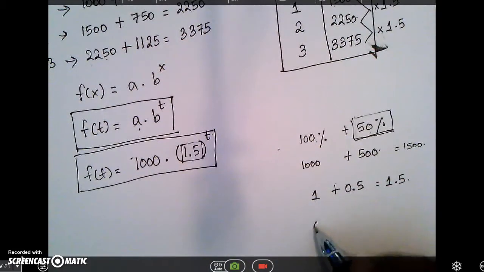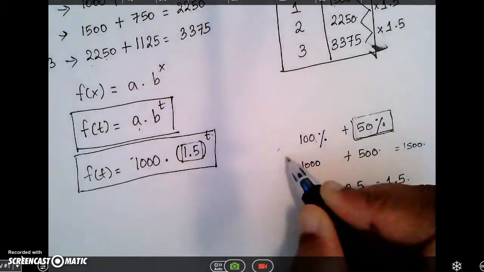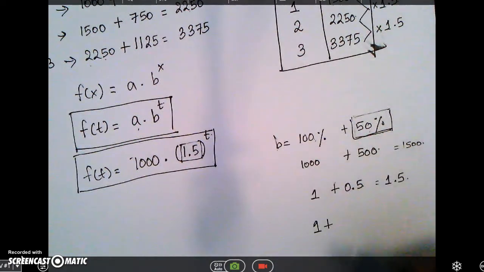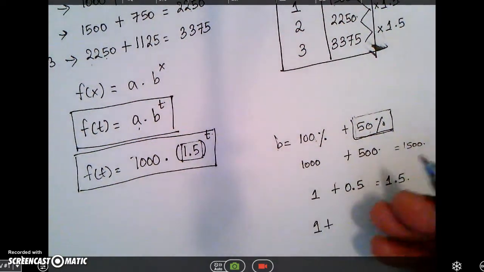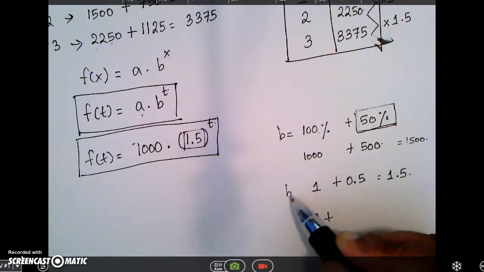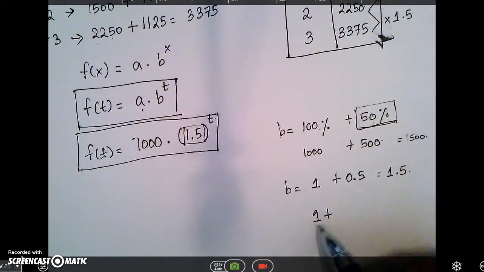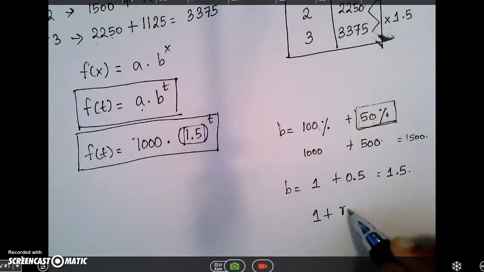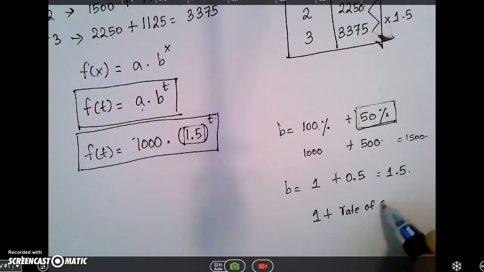They are telling me that's my growth rate, right? So this is my b. b is 100% plus 50% because it's a growth. So b is 1 plus 0.5, or 1 plus the rate of growth. Rate of growth is usually represented by the letter r.